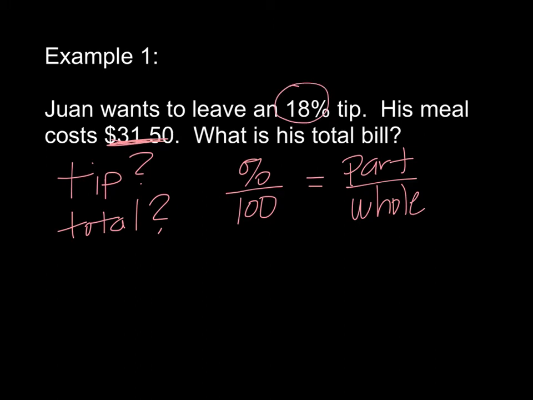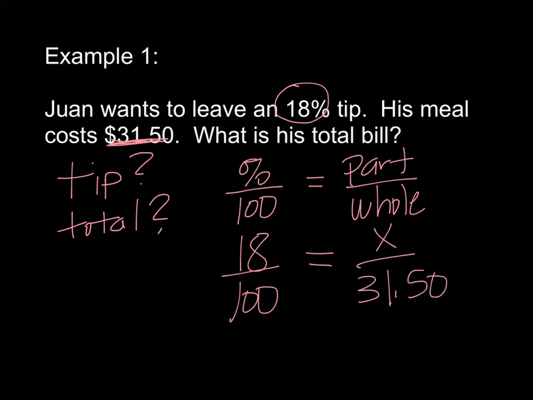Here is our percentage, so we have 18 over 100 equals X over 31.50. And again, 31.50 is our whole because that's the cost of the meal, and the tip is only a portion or a part of that.